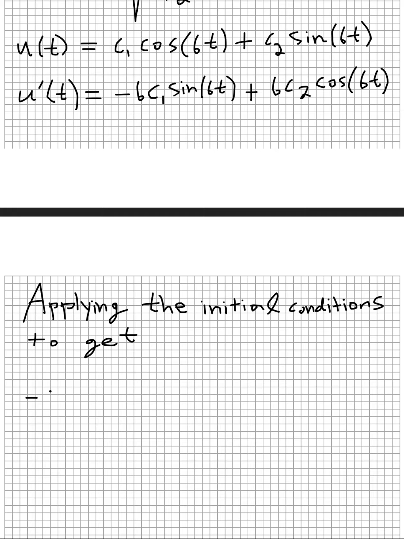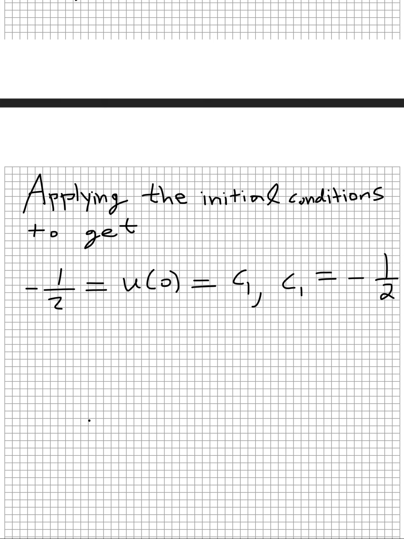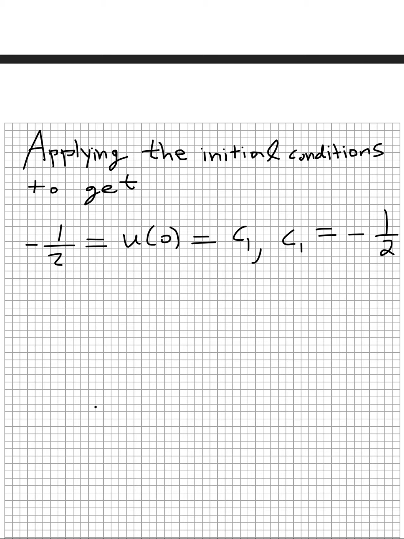to get minus 1/2, which equals U of 0, and this happens to equal C1, right? So very clearly C1 is then equal to negative 1 over 2. All right, and again, even the initial conditions, all of these were taken from our previous derivation.